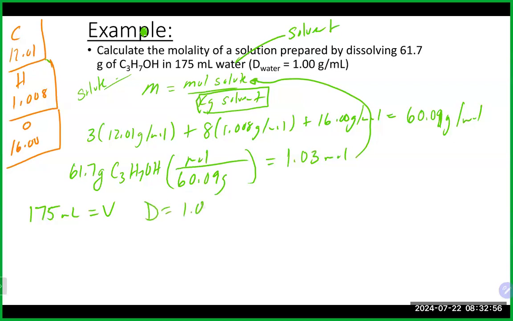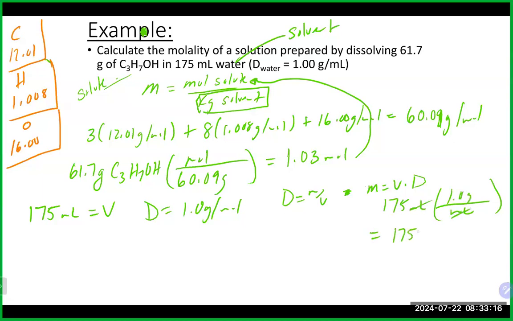If it wasn't, we should know that the density of water is 1 gram per milliliter. We could use that in our density equation to figure out that the mass is volume times density, which gives us 175 milliliters times 1 gram per milliliter, or 175 grams of water, which is our solvent.